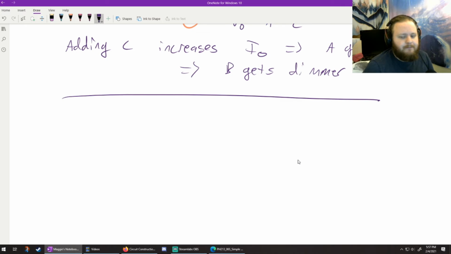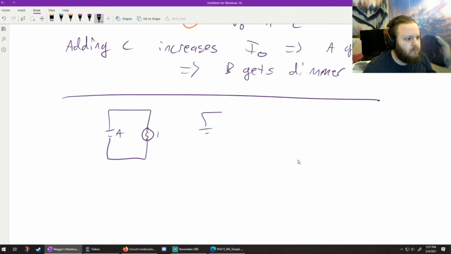Here's 3 circuits. So we got A. So this is voltage source A. Here's light bulb 1. Here's voltage source B and voltage source C. Here's light bulb 2.